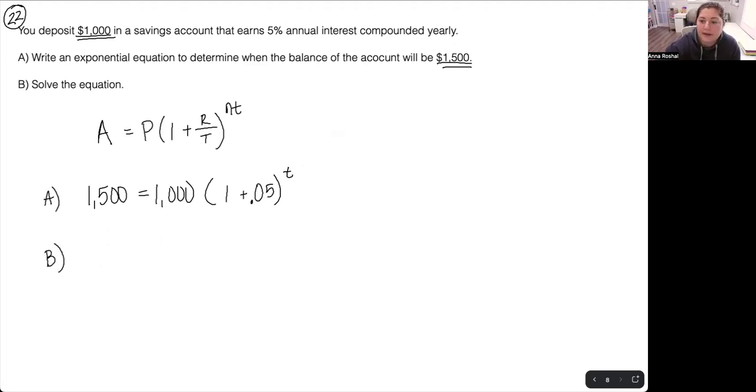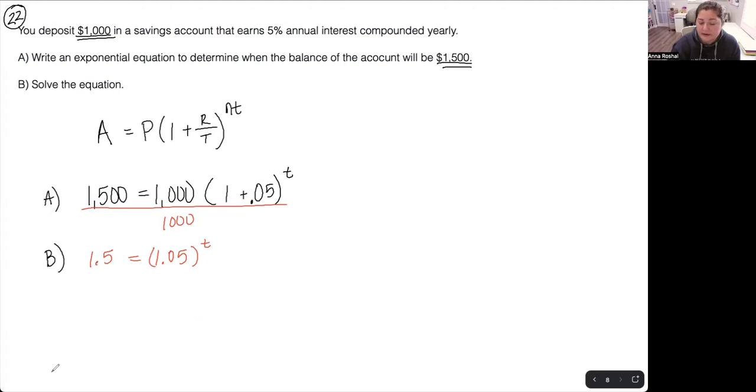In order to solve it, I'm going to divide by 1,000 in both cases. So 1,500 divided by 1,000 is going to be, I'm going to move the decimal over 3, so 1.5 equals 1.05 to the t power.